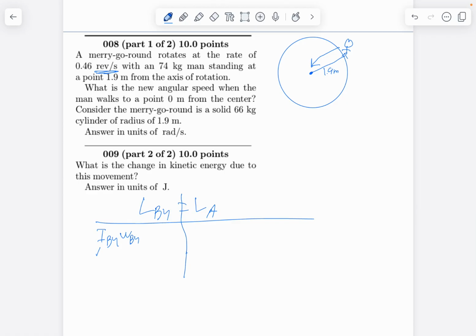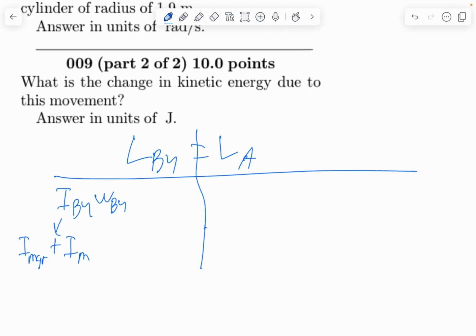So I of the merry-go-round, I'll say MGR, plus I of the man, IM. But MGR can be a little confusing, because it's the merry-go-round plus the person.